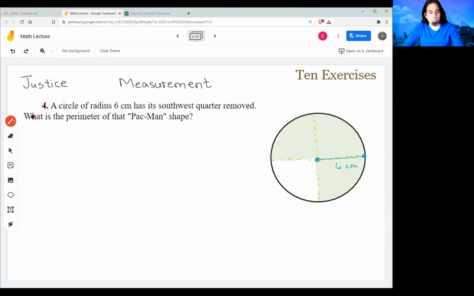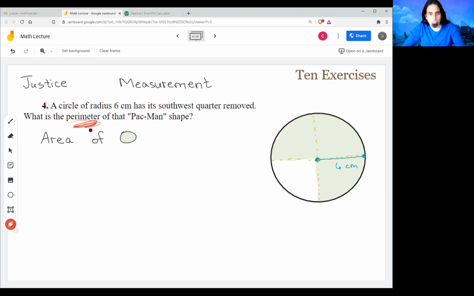How should we do this one? Any ideas? Divided by pi? Well, we can find the area of the whole circle. The circumference then. Yeah. Oh, I'm doing area. Yeah, you are right.